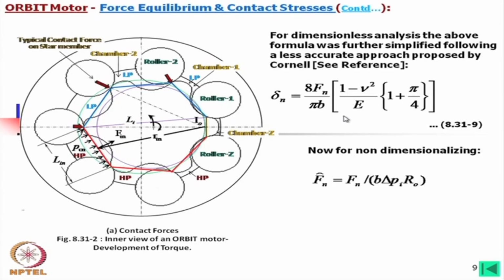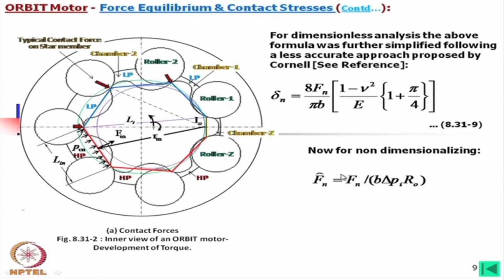It is like that. Now, earlier when we were non-dimensionalizing a dimension, we were simply dividing that one by the radius of the base circle or the describing circle of the ring gear, that is R 0. We are considering this radius R 0 of the biggest circle. Here it is a green circle. Whereas, when we are trying to non-dimensionalize this force, what do we do?